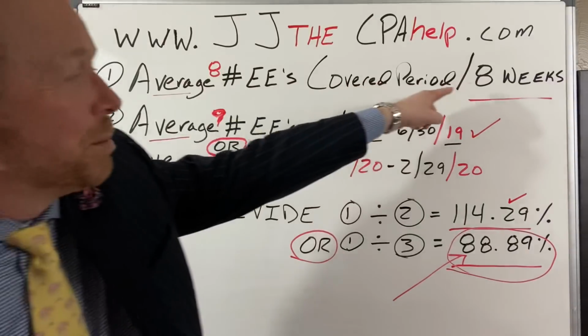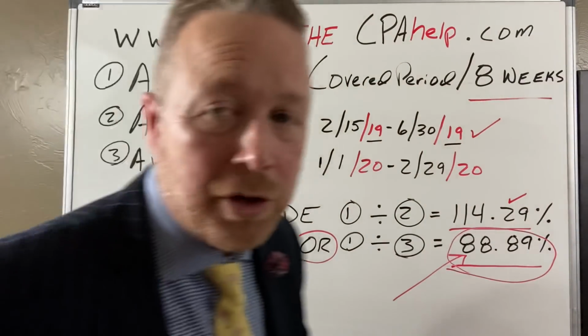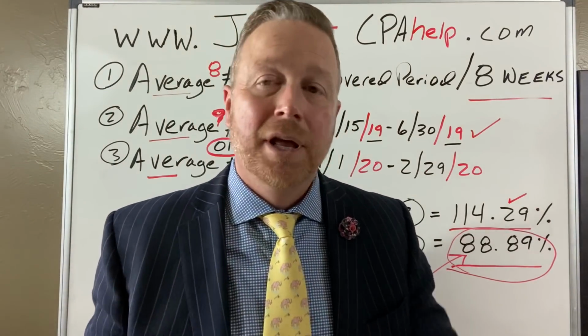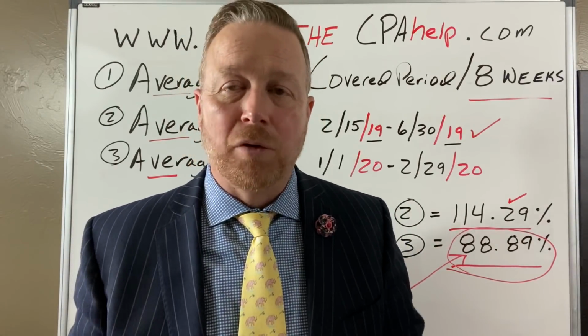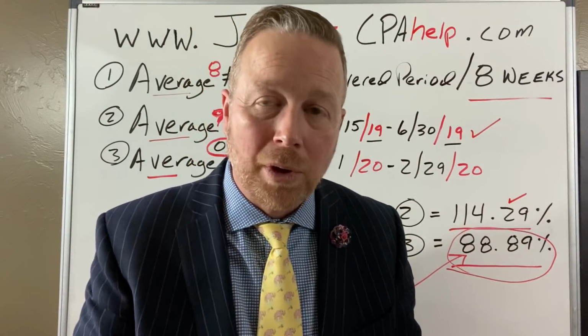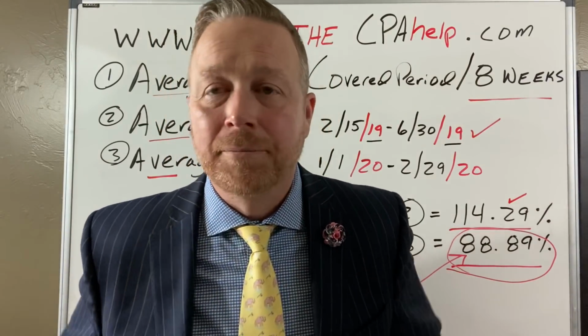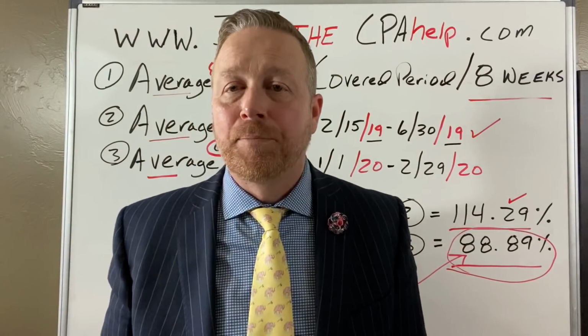This is to be determined because you haven't gotten all the way through your 8 weeks, right? But you're going to know what those 2 things are. You might be able to project the number of employees. And by the way, this is full-time equivalent, right? Full-time equivalent. If you have 2 people and they both work 20 hours a week, that'd be 1 full-time equivalent.